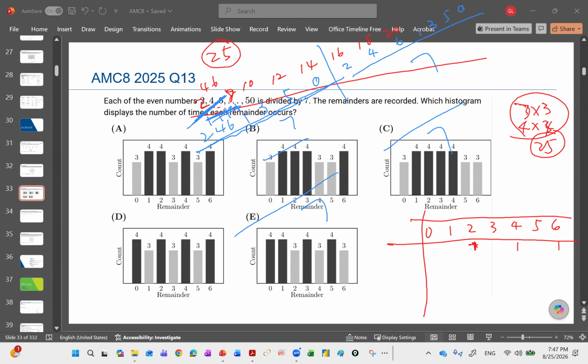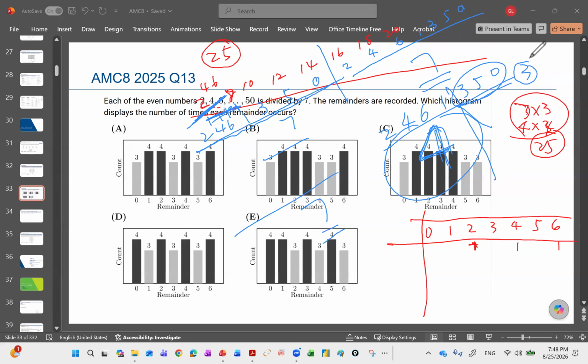The last one only has 4 numbers. So the 4 numbers are 2, 4, 6, 1. The rest, 3, 5, 0, only have 3. This one didn't show up again, right?